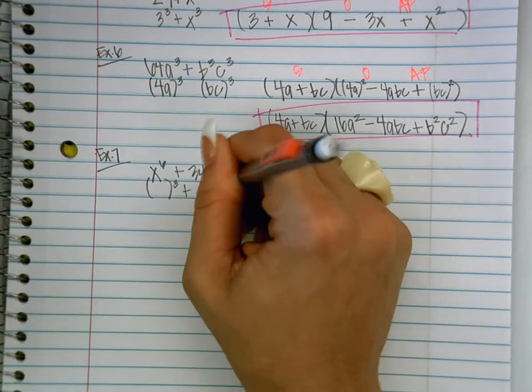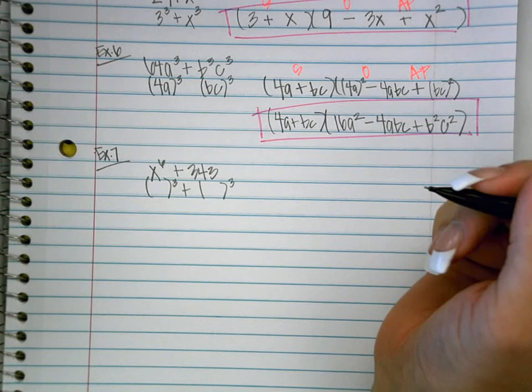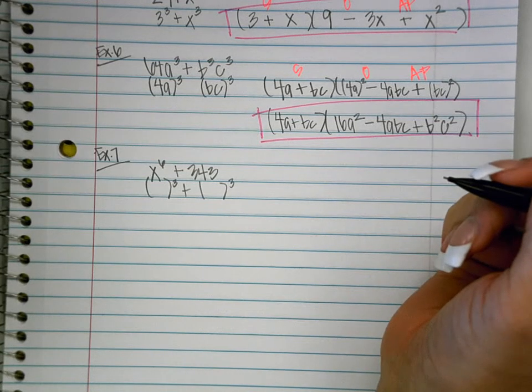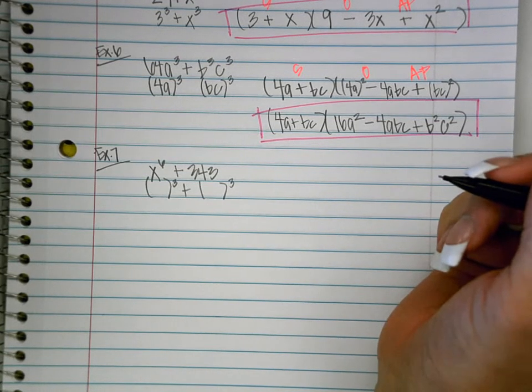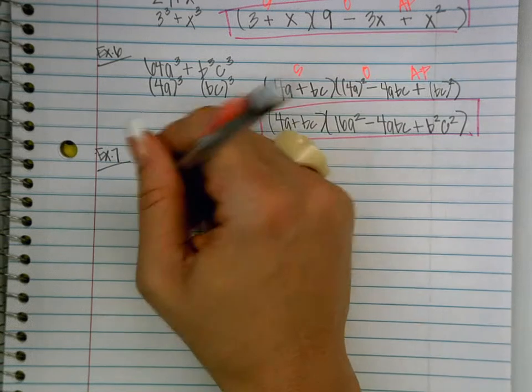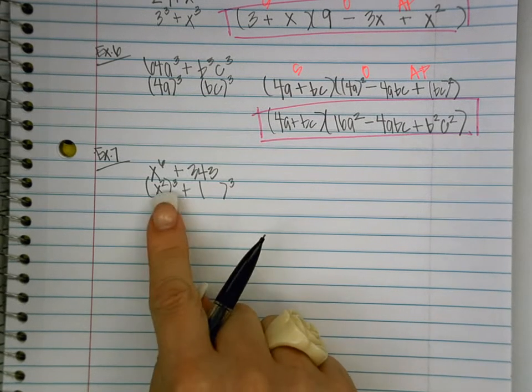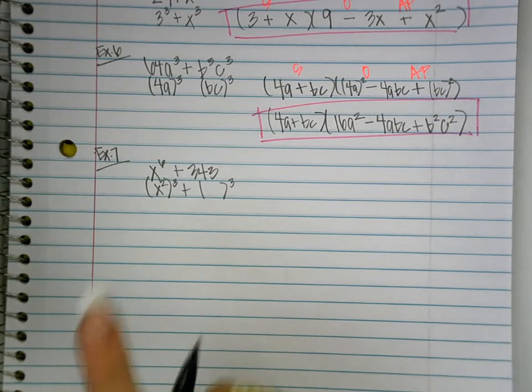X cubed? Nope. What cubed gives you x to the 6th? X squared. Okay, this is where we have to go back and remember those exponent rules that we did at the beginning of the unit. Power to a power means you multiply, not add.